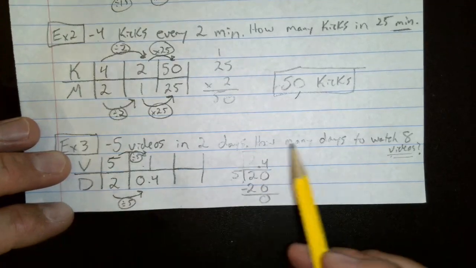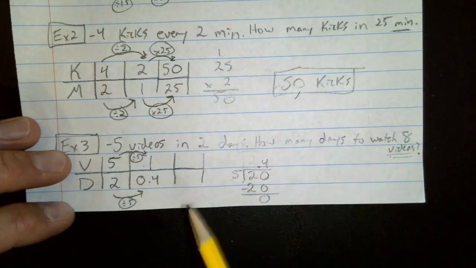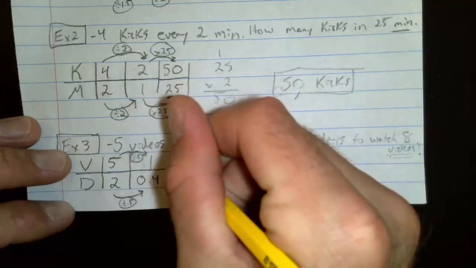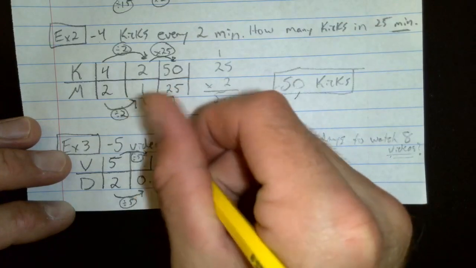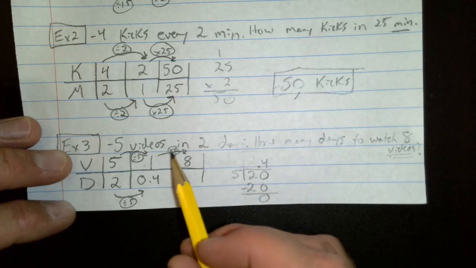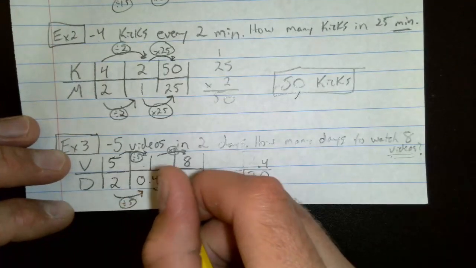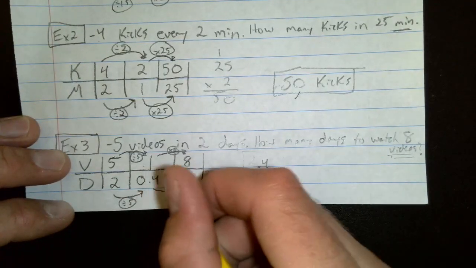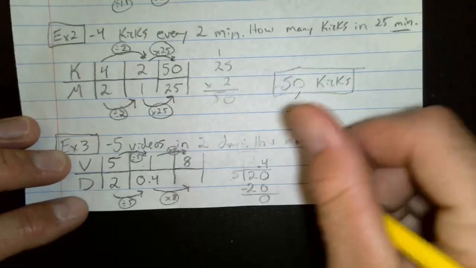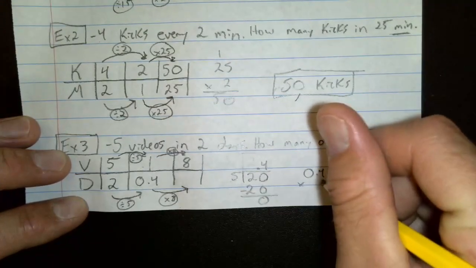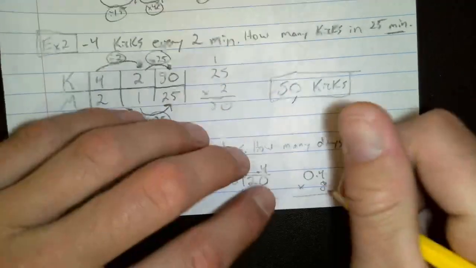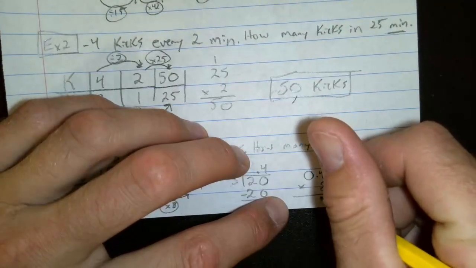Now it says how many days to watch 8 videos? Well, we plug in our 8. How do we get from 1 to 8? Well, times 8. And whatever we do to the top, we must do to the bottom. So times 8 on the bottom. And 0.4 times 8. Well, 8 times 4 is 32.